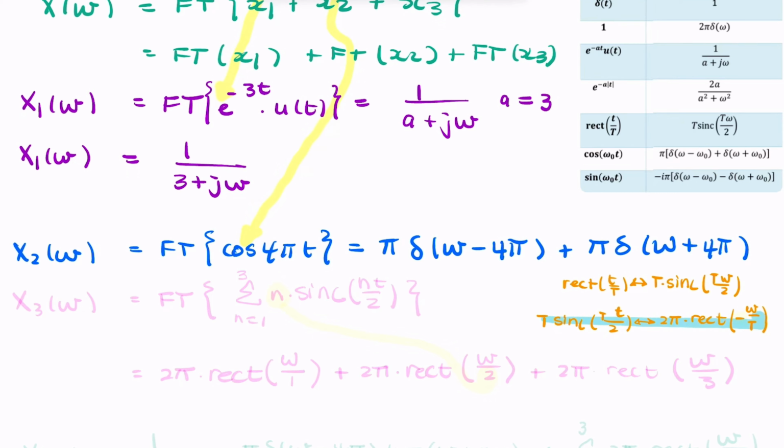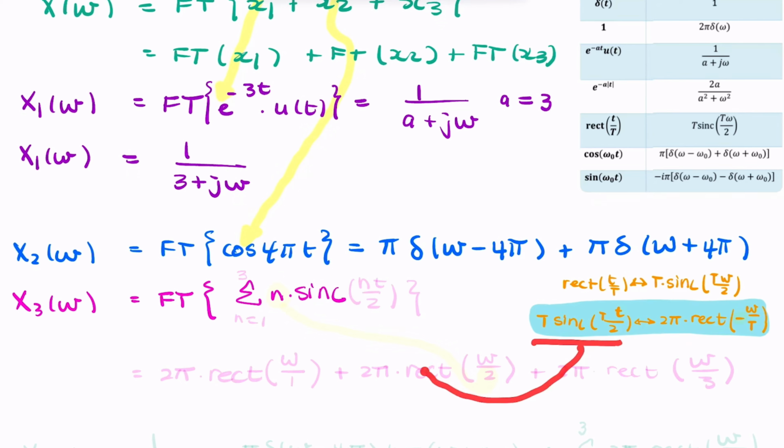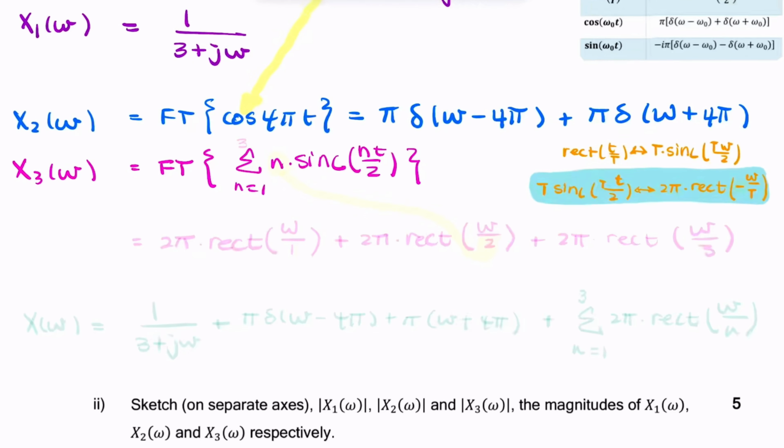So if we go back to x3 of omega, which we're trying to find, we can say that's the Fourier transform of our three sinc functions. So I can write that as my three sinc functions will be, let's write it like this, n sinc nt over 2, and that's from n equals 1 to 3. So that's our three sinc functions.